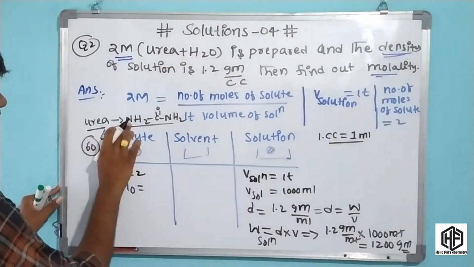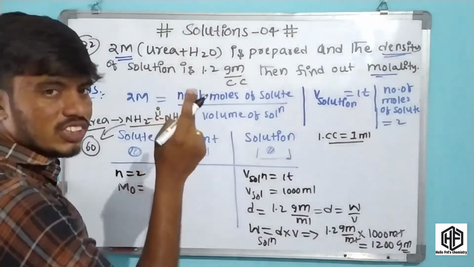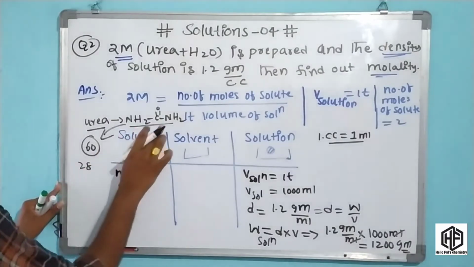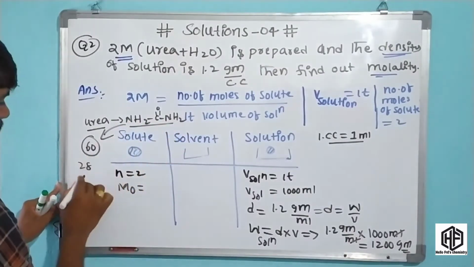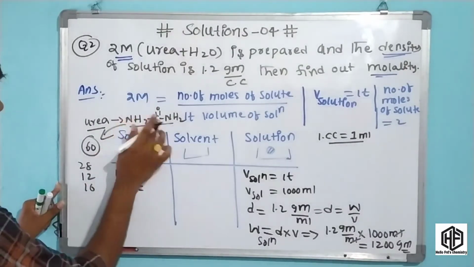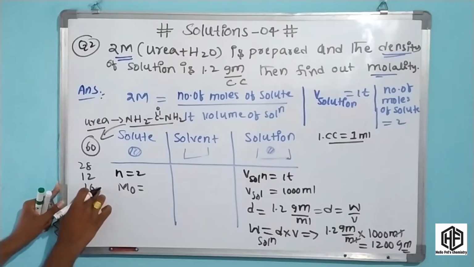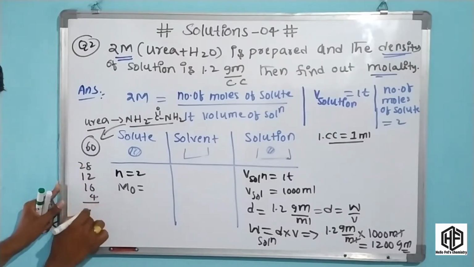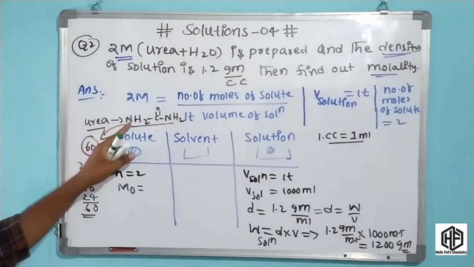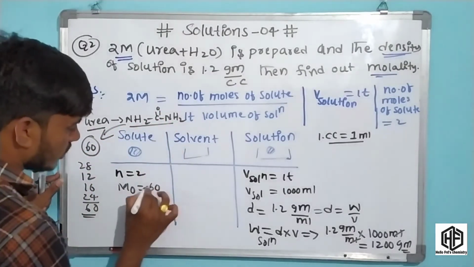Because of the two nitrogens, each nitrogen molecular mass is 14, so 28, carbon molecular mass is 12, oxygen is 16, and 4 hydrogens. Finally, 60 is the molecular mass of the urea, NH2-C=O-NH2.